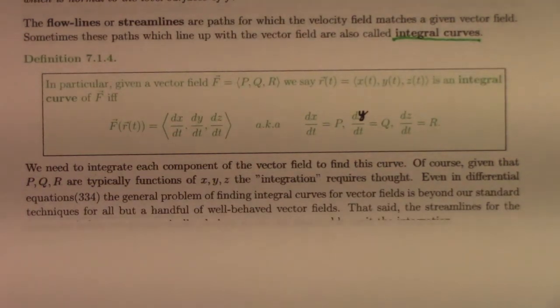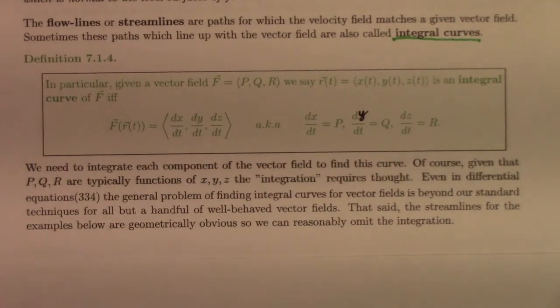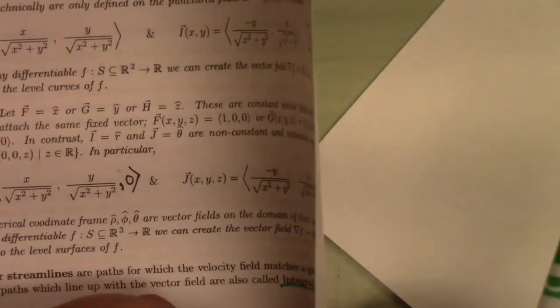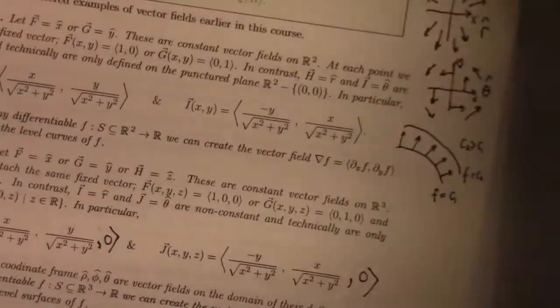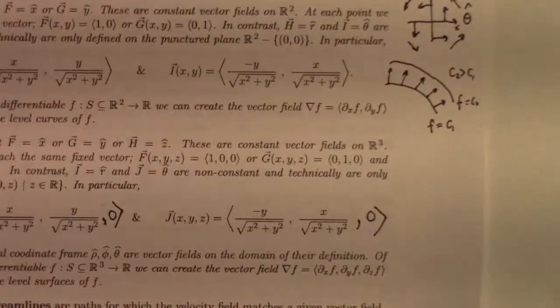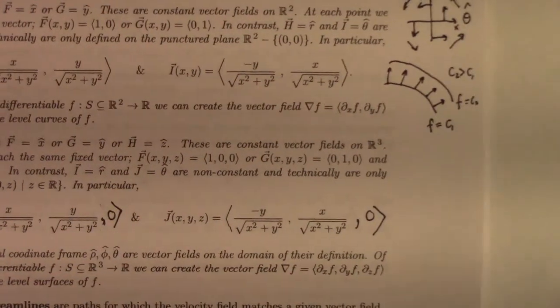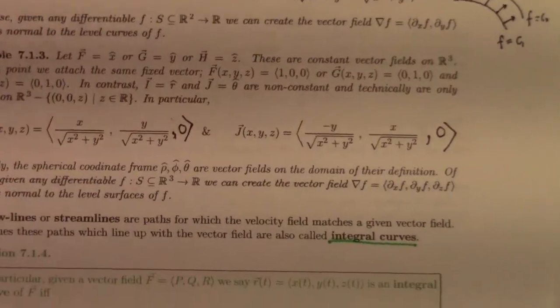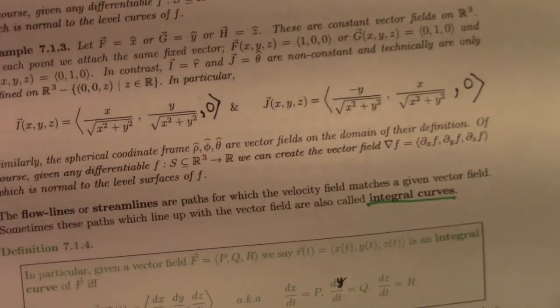Now that's usually a pain, and usually differential equations are needed to solve those differential equations. But I actually think that last time I taught differential equations, I started with a motivation for the study of differential equations in terms of the search for integral curves. I think it's an interesting and useful perspective.